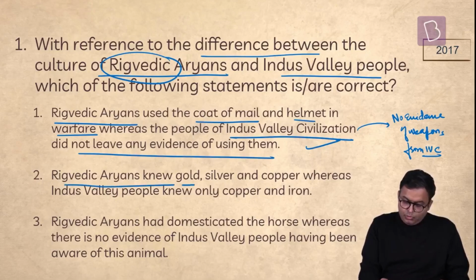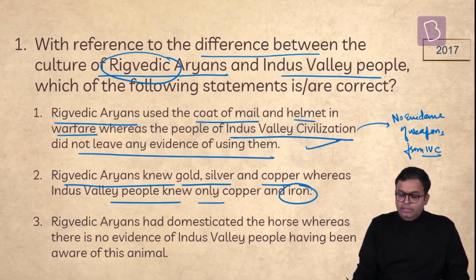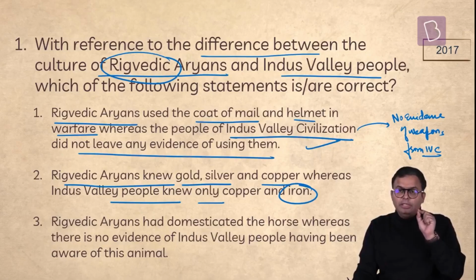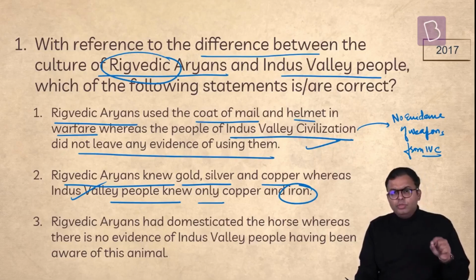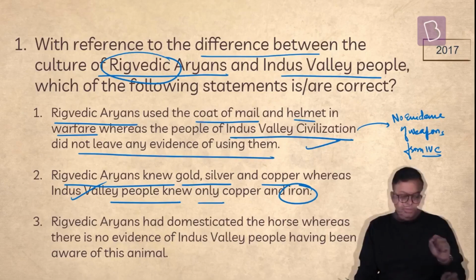Rig Vedic people knew gold, silver, copper. Indus Valley people knew only copper and iron. Now here, there is no evidence of iron in India before the 6th century BC. We know that Indus Valley people knew the use of copper and bronze as a metallic alloy.